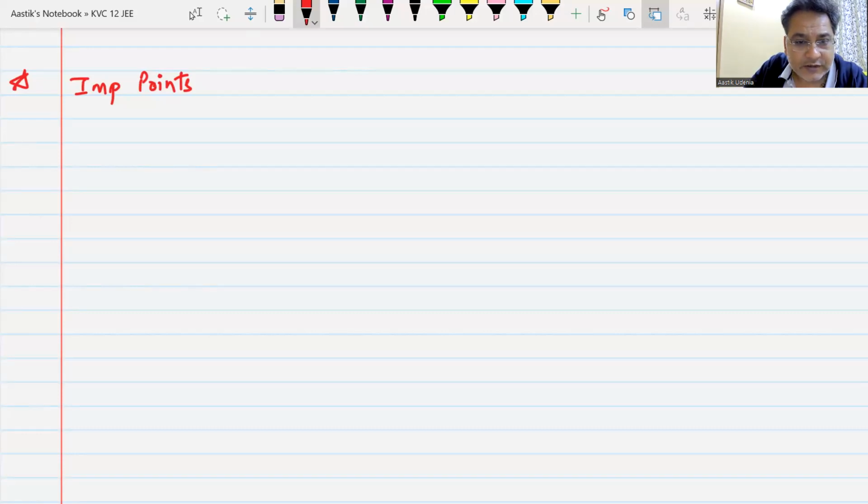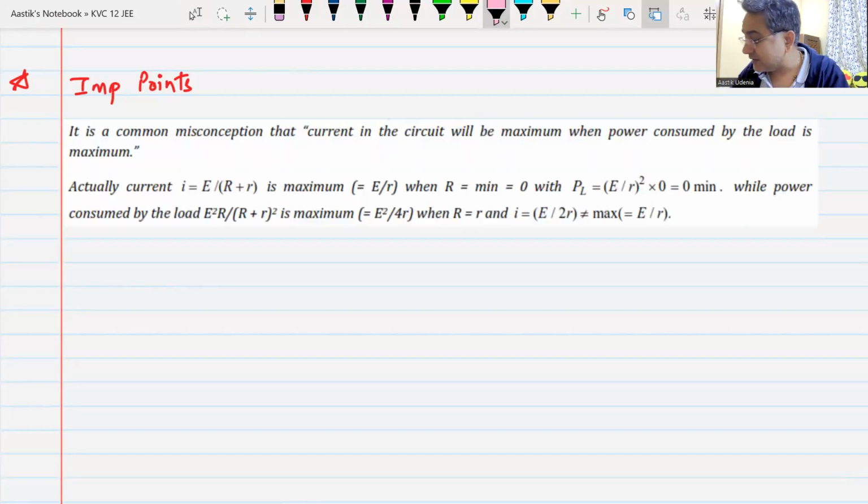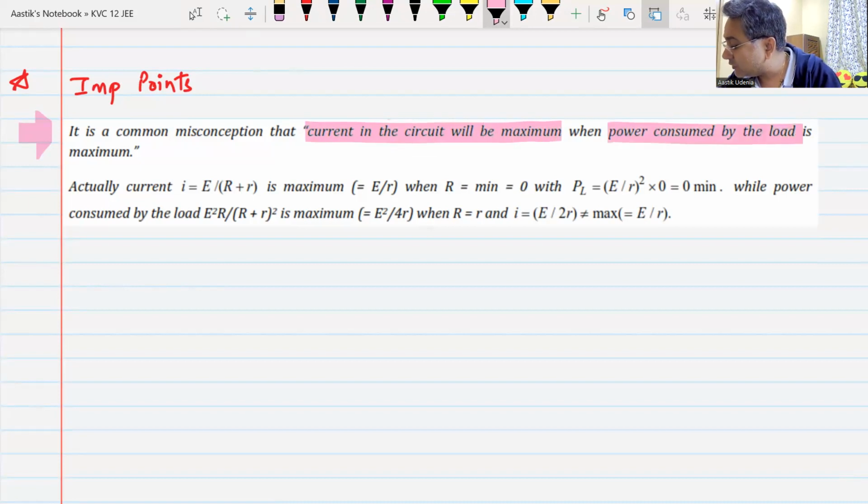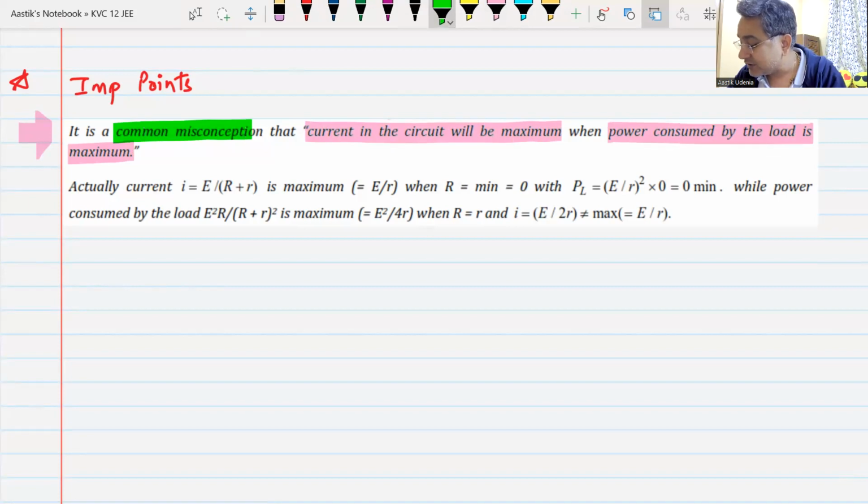One point. Remember, this confuses a lot of students, so it is necessary that I clear this. Sometimes we have this common misconception, and I've seen a question on this, that current in the circuit will be maximum when the power consumed by the load is maximum. Remember, it is not correct.